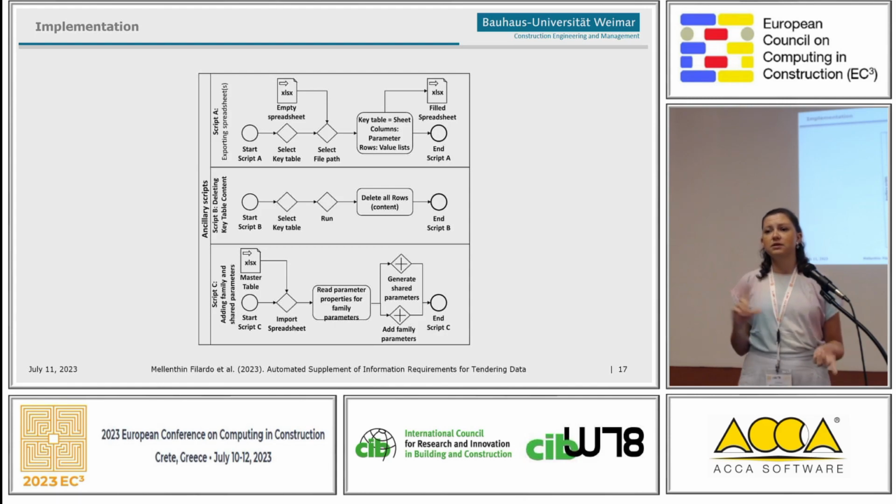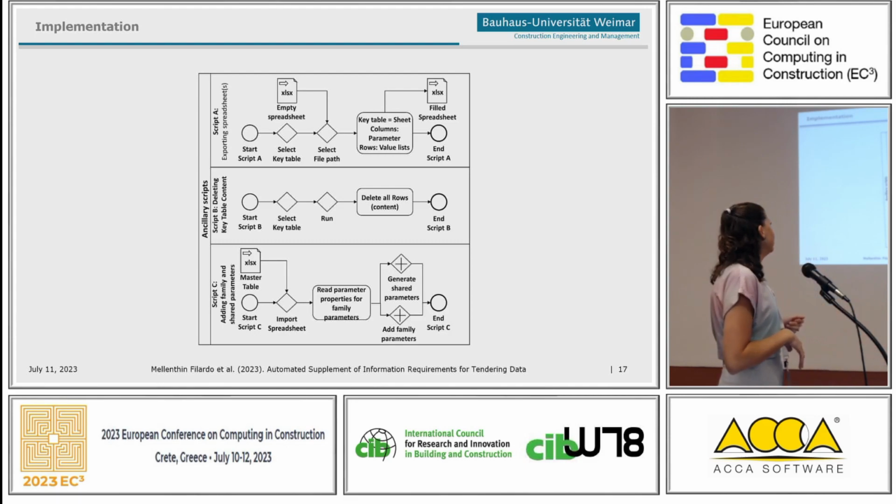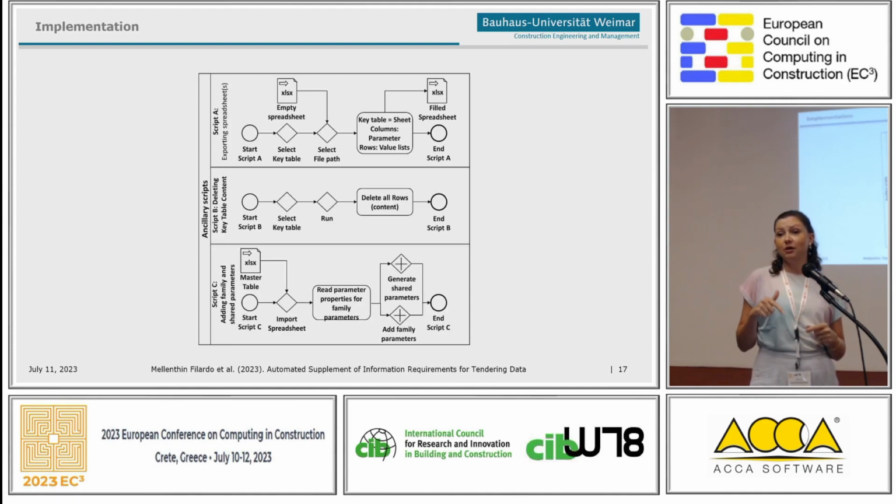We also have some ancillary scripts where we allow editing so that we can clean out the key tables, in case we need other properties or we want to change something. We can also export the key tables, because having the information the other way around might also be useful at some point, at least for documentation.